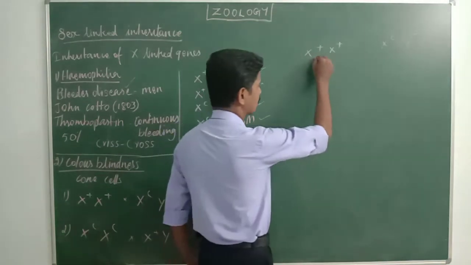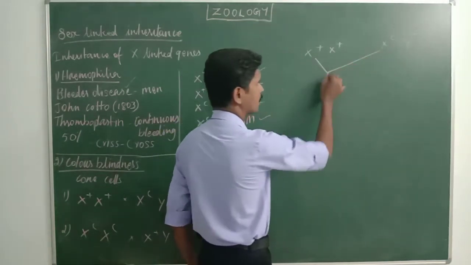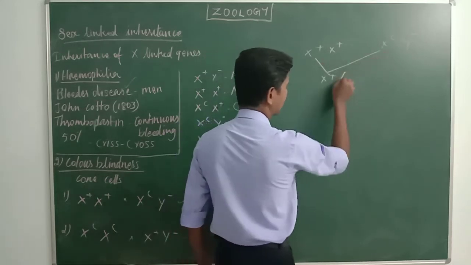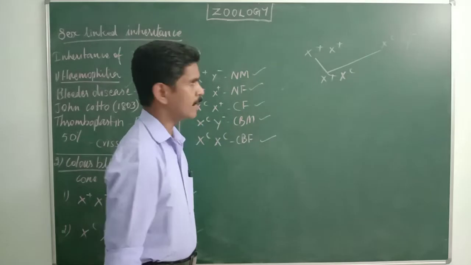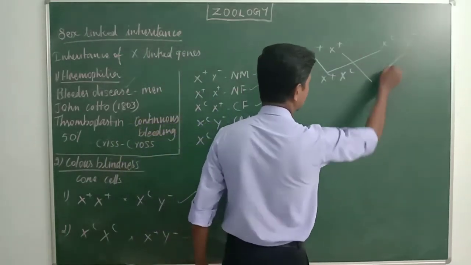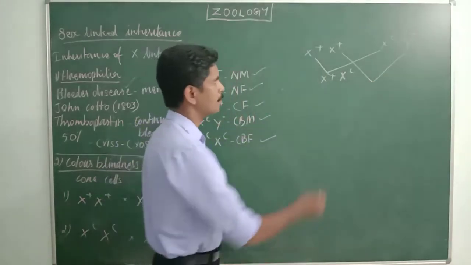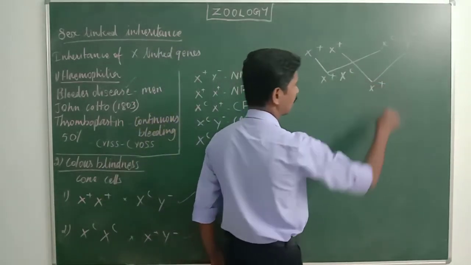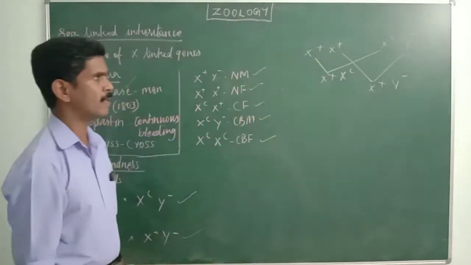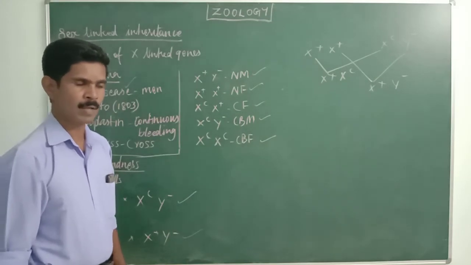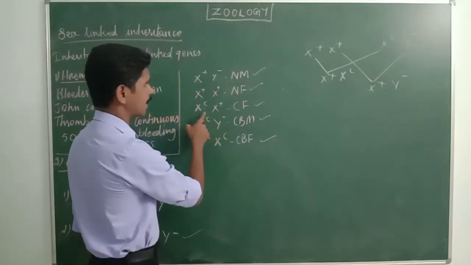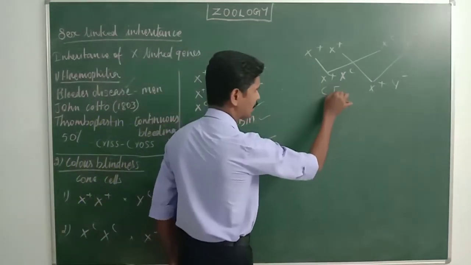Suppose if these two gametes are joined, what will we get? X plus and XC. Then if these two gametes are joined, we get X plus and Y minus. Understood? X plus XC is the carrier female.